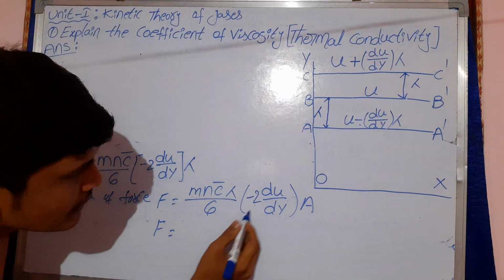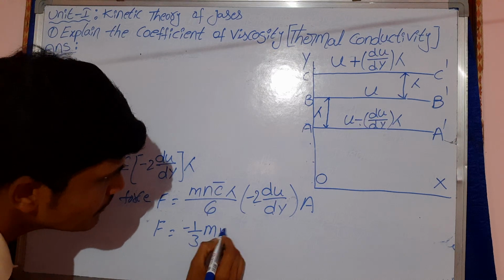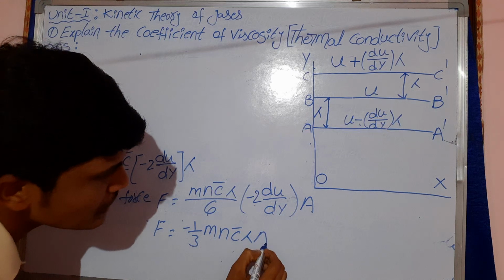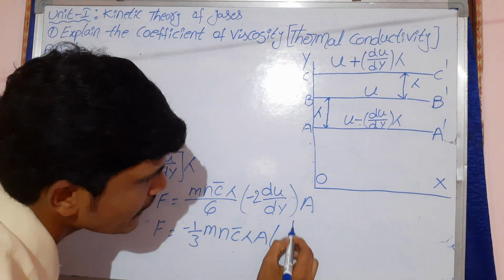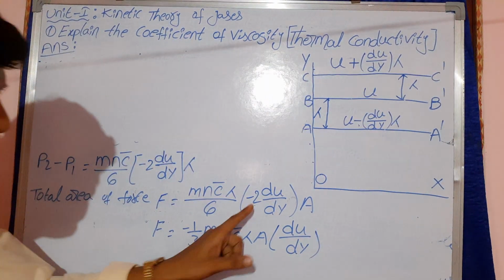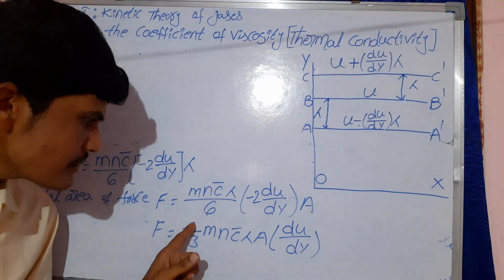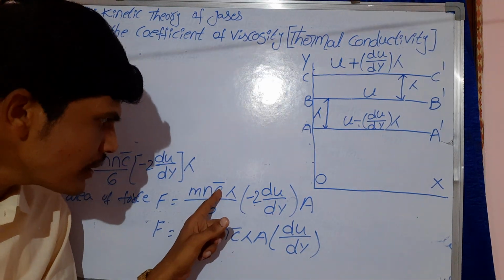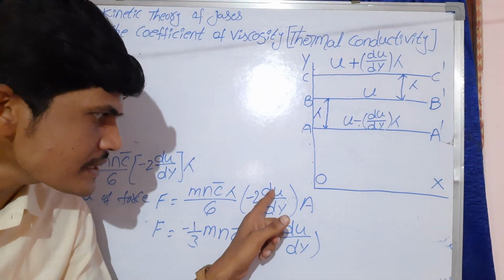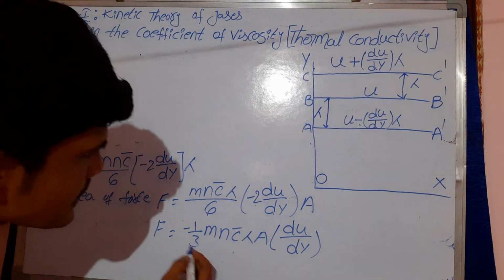F equals minus 1 by 3 m n c bar lambda into A du by dy. So this is the equation.